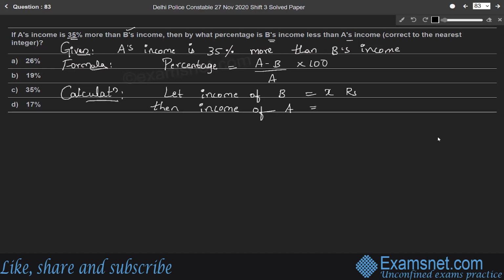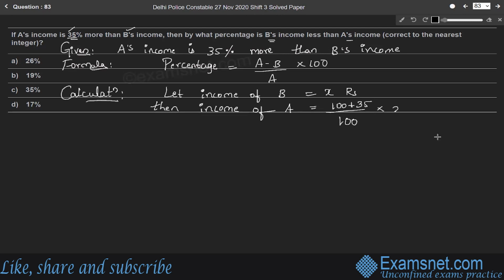so A's income is 35% more than B's income. Therefore, if 100 rupees is the income of B, then A's income becomes 100 plus 35, because according to the question, 35% more than B's income.